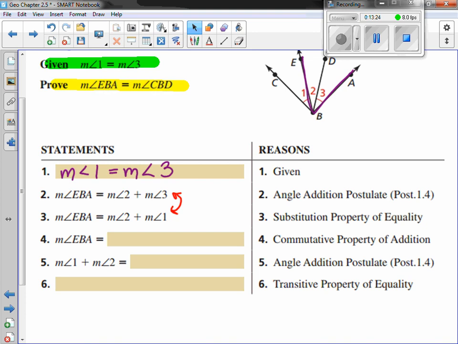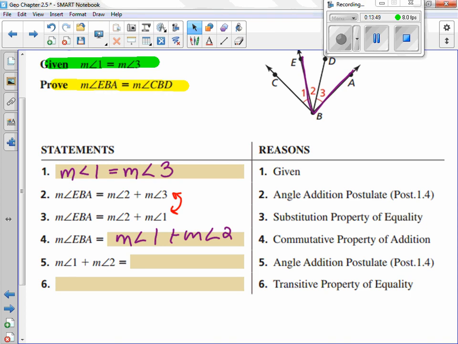So really what this is saying is that the measure of angle 1 plus the measure of angle 2, they just switch the order. Now that's not a big step, it's not a big deal, but it's saying we can switch the order. So it's just rewriting statement 3 with those just flipped. That's all it's saying.